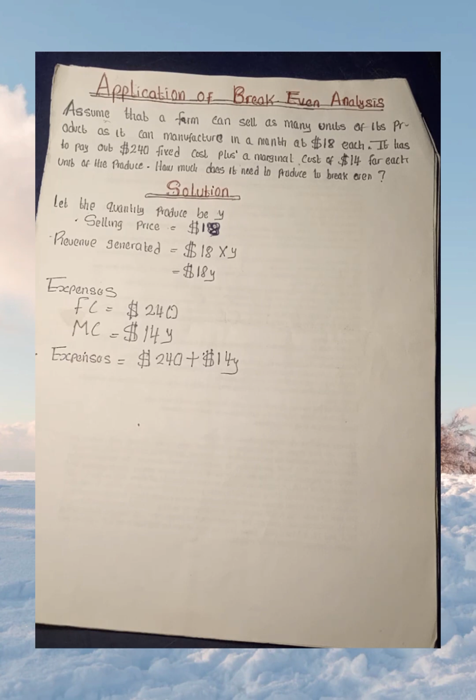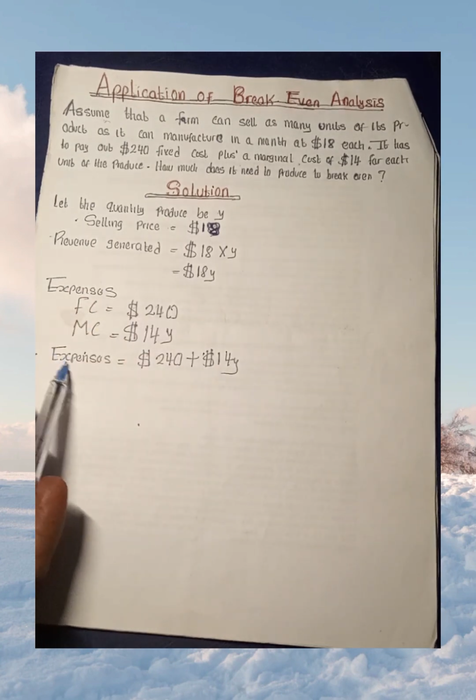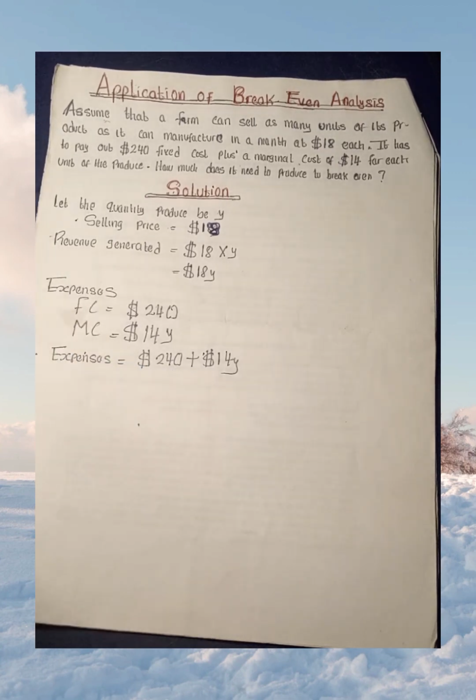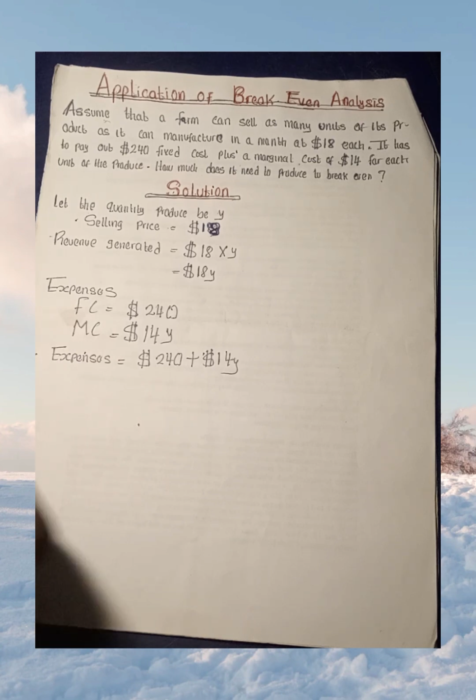So we are going to equate our revenue generated, which is 18y, to the expenses made, which is $240 plus $14y. So let's do that. Break even.